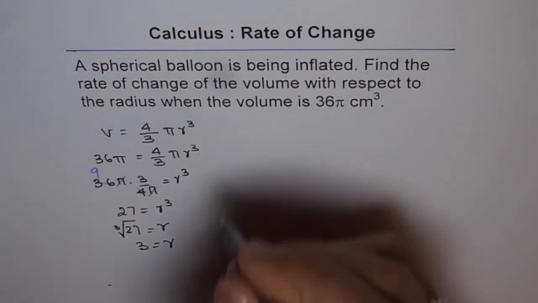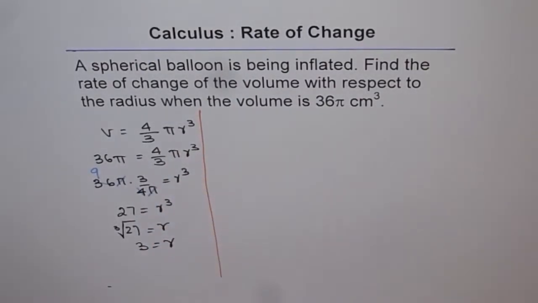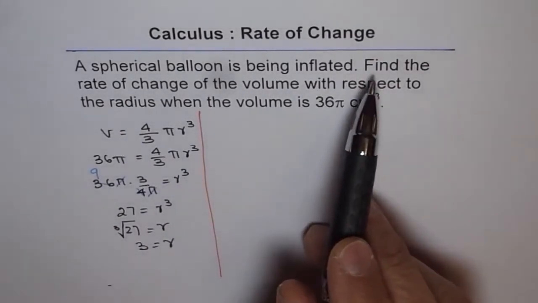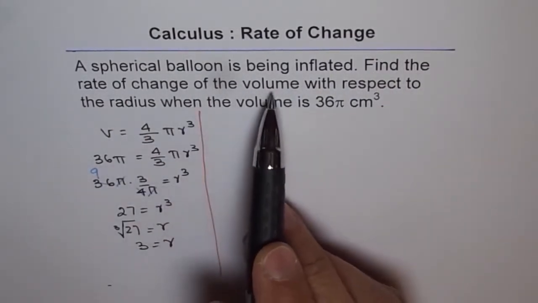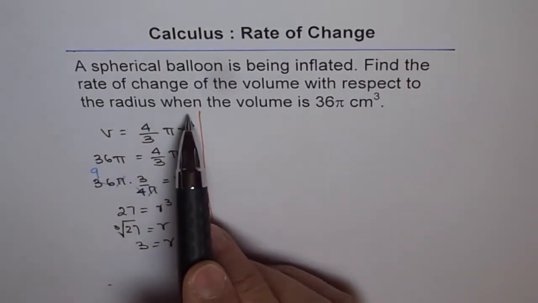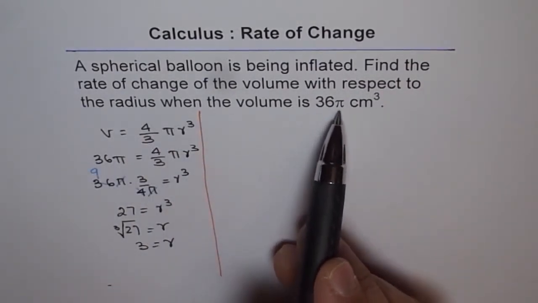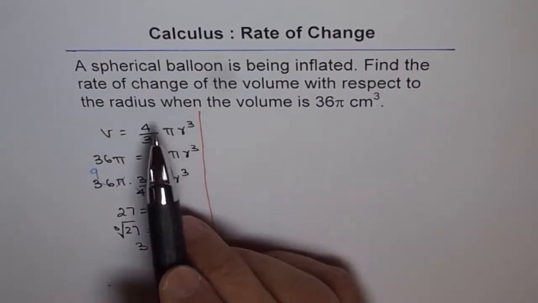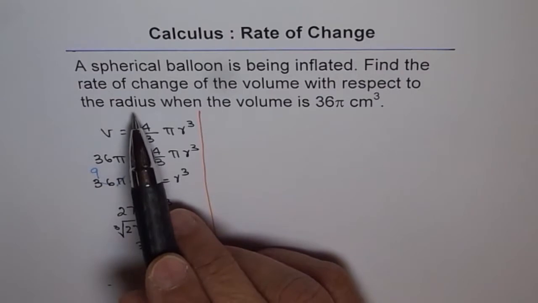Now the question here is, why did we find r, right? Now let's read the problem once again. I should have told you this right in the very beginning. A spherical balloon is being inflated. Find the rate of change of volume with respect to radius when the volume is 36 pi cubic centimeters. But we are not given at what radius.